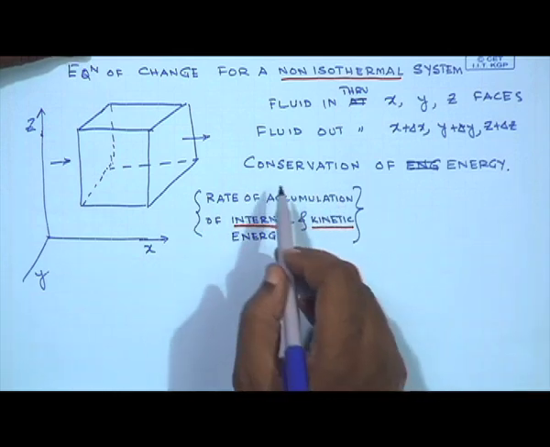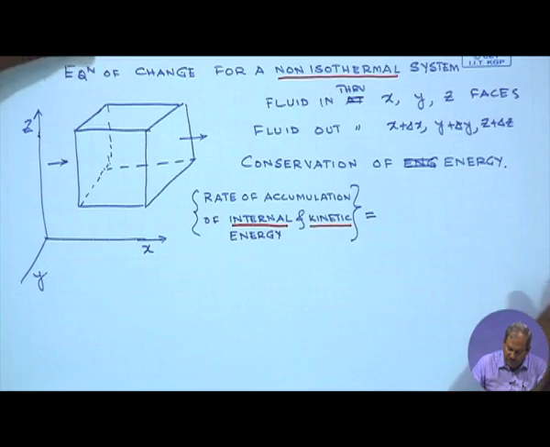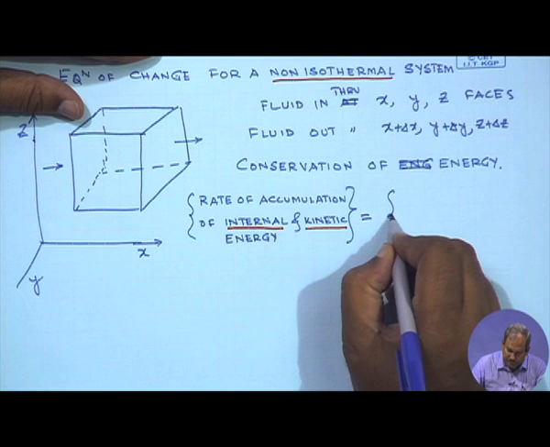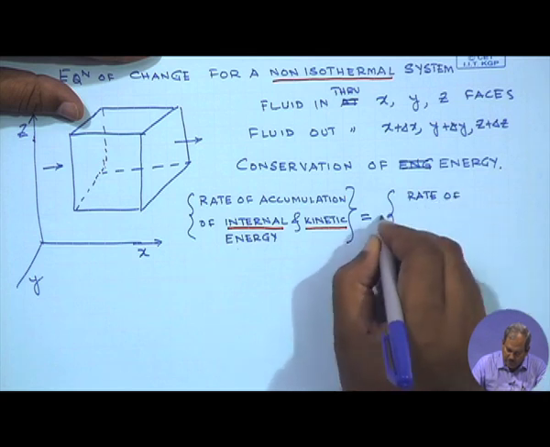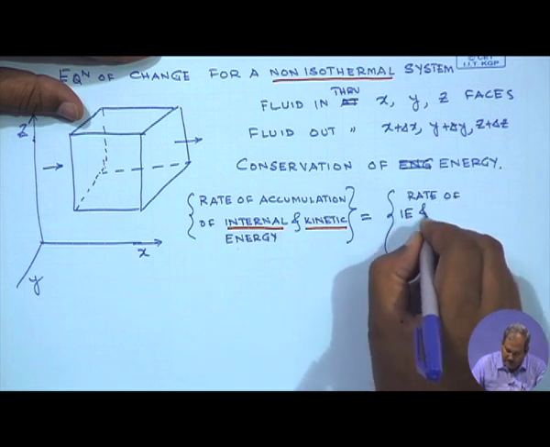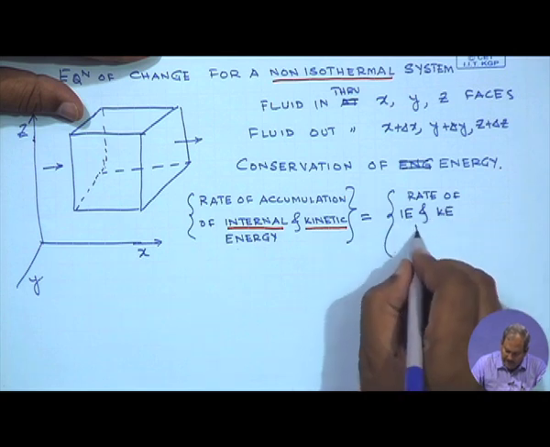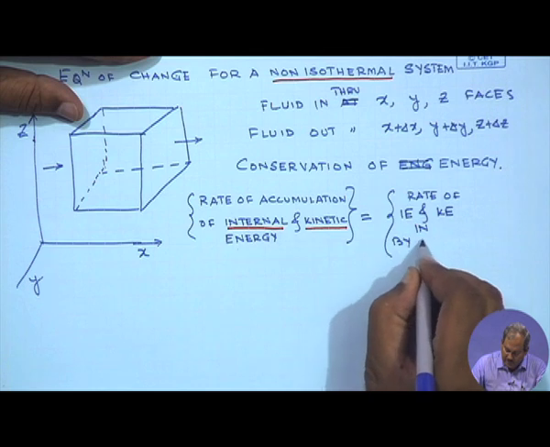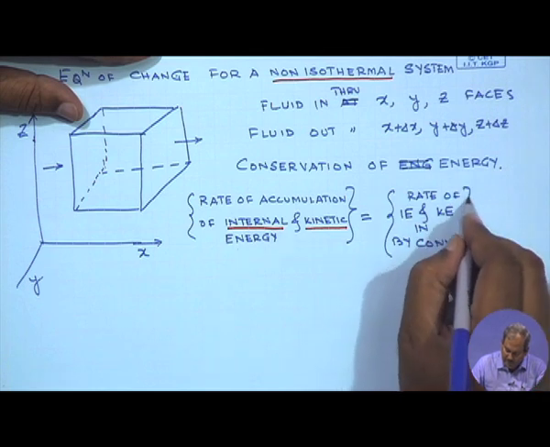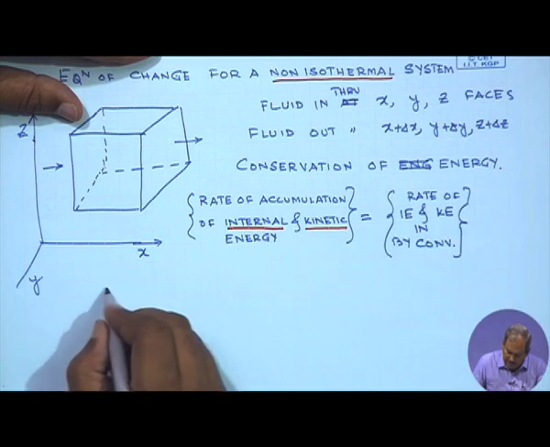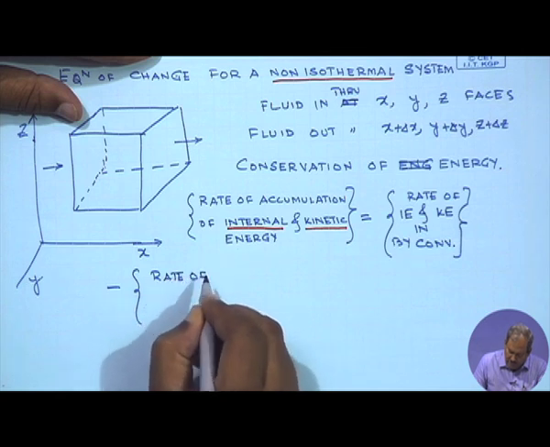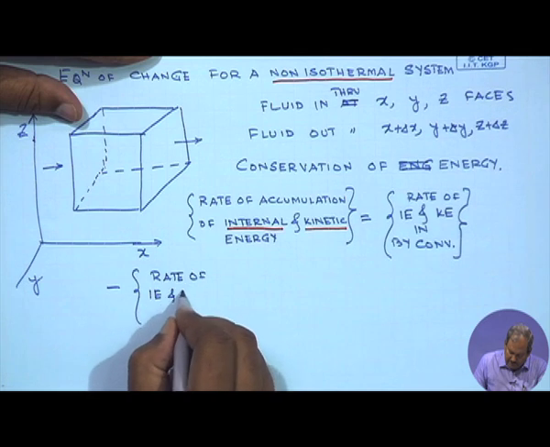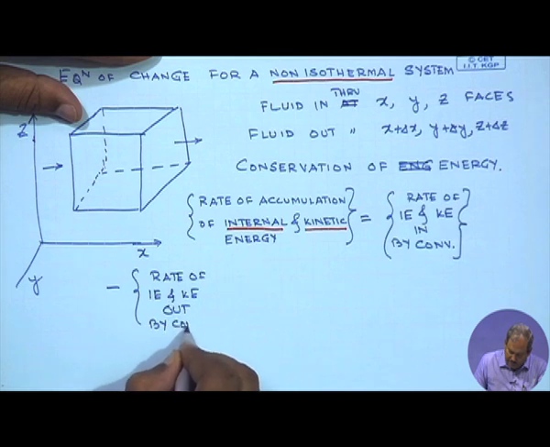So, this is the total energy of the system, and this is going to be equal to the algebraic sum of the rate of internal energy and kinetic energy in by convection, minus the rate of internal energy and kinetic energy out by convection.